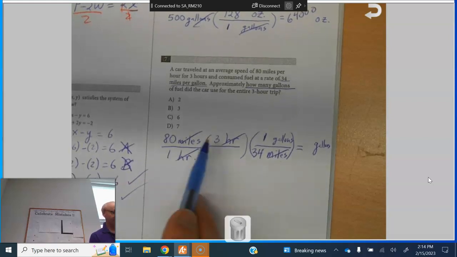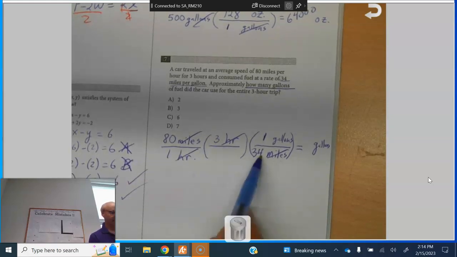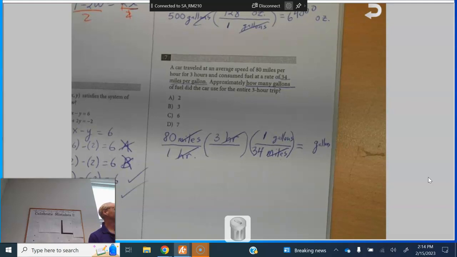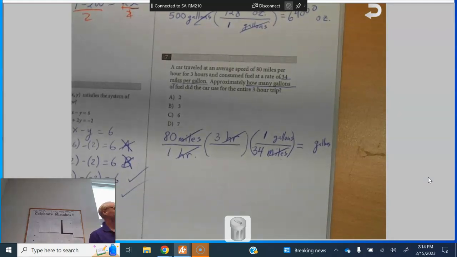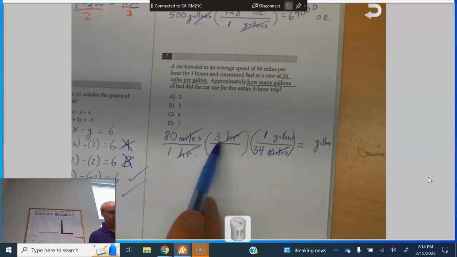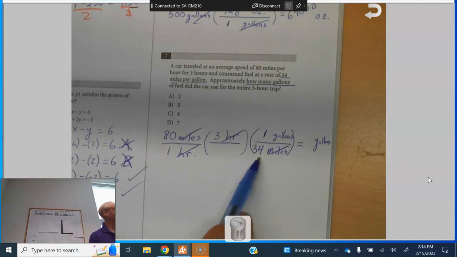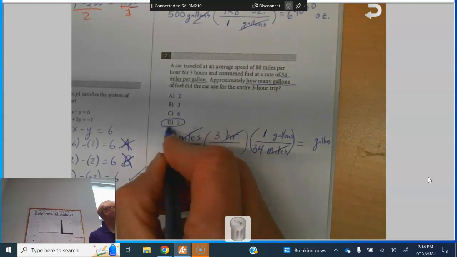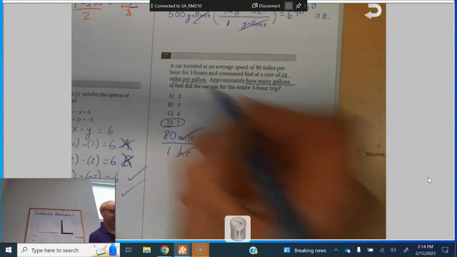Take the 80 times the 3 and divide by the 34. What'd you get? 240, and then you've got to divide by the 34 because it's in the bottom. I got a little over 7, but it's really close to 7.